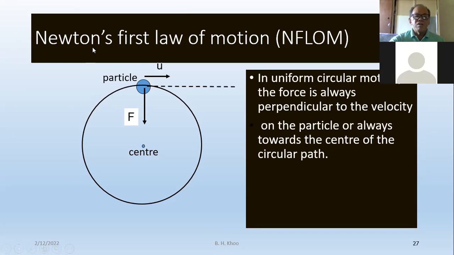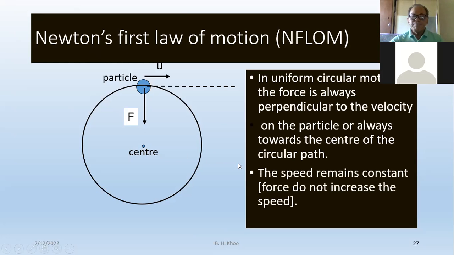So we either say it's always perpendicular to velocity, or the force is always directed radially, either along a radius or towards the center. The speed remains constant. Force does not increase the speed, because it's perpendicular to velocity.